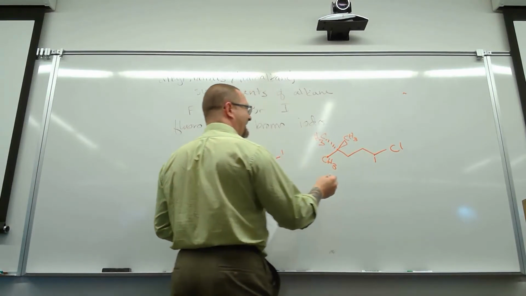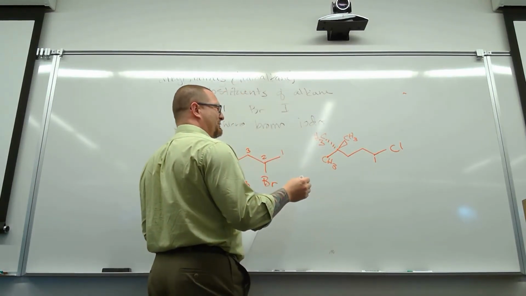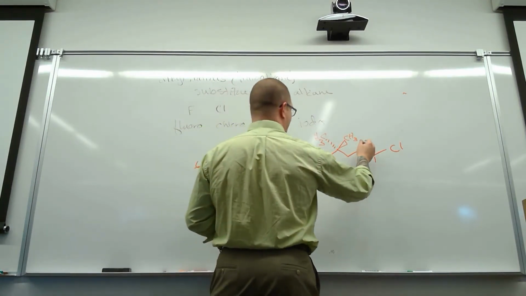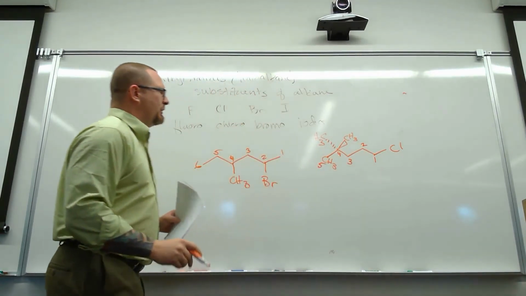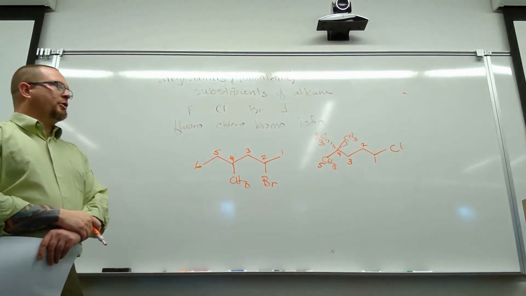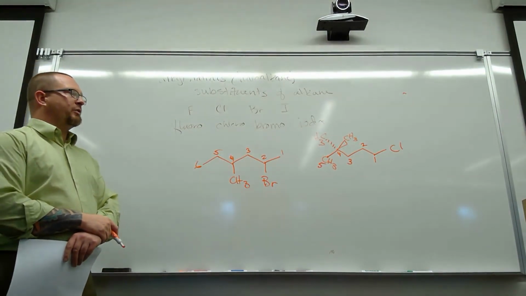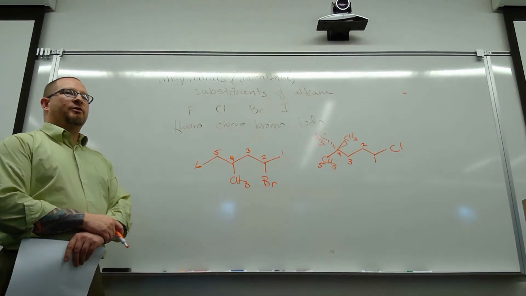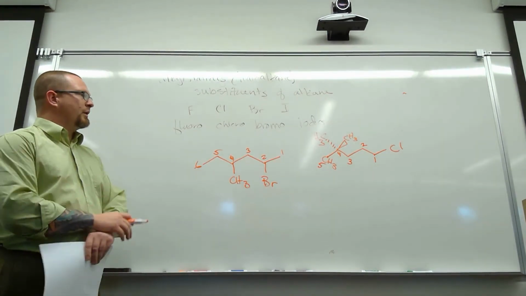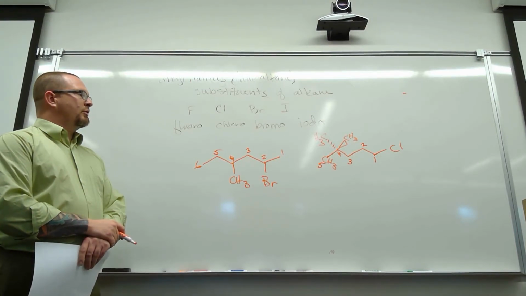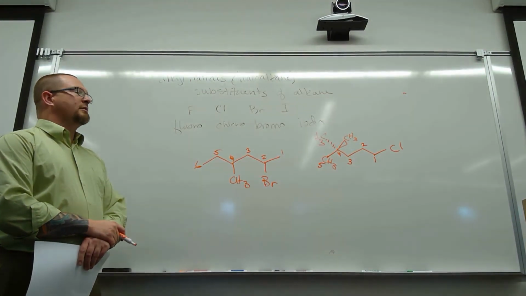Why? Because it's on the first substituent, on number 1. So we have a 1 chloro and we have a pair of 4 methyls. So what goes first, the chloro or the methyl? You are correct. Okay, that doesn't apply.